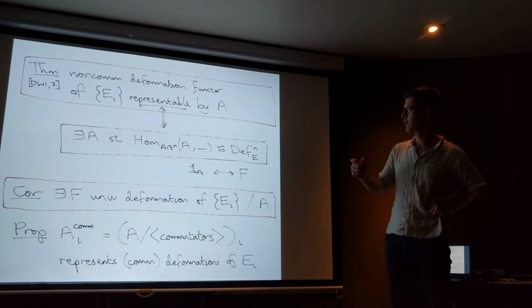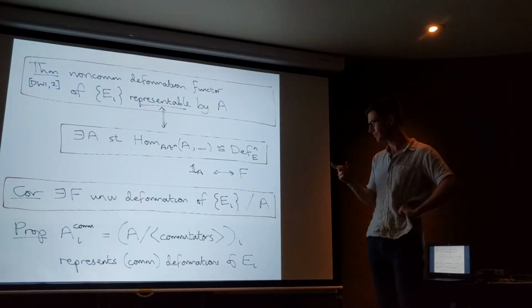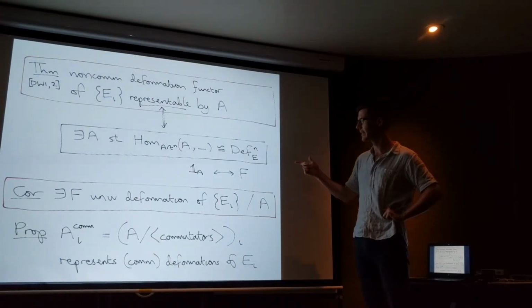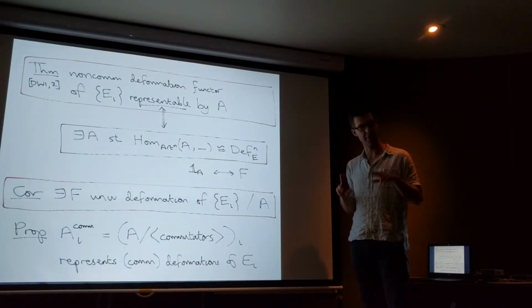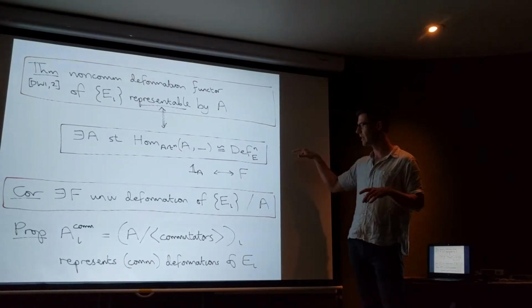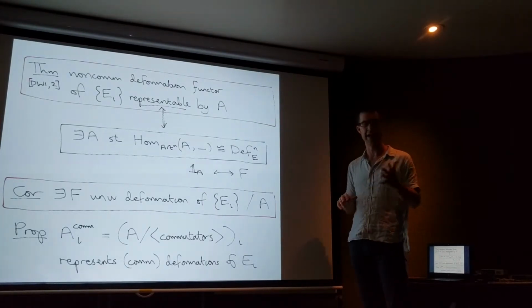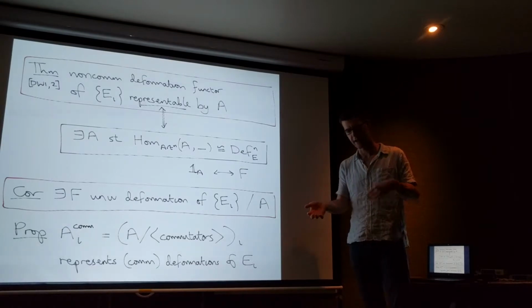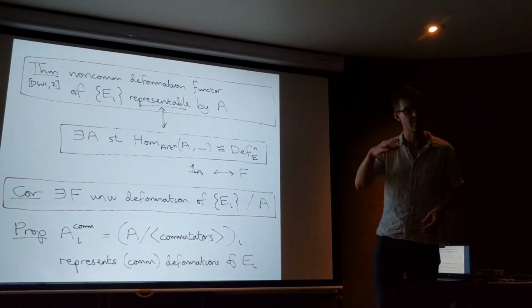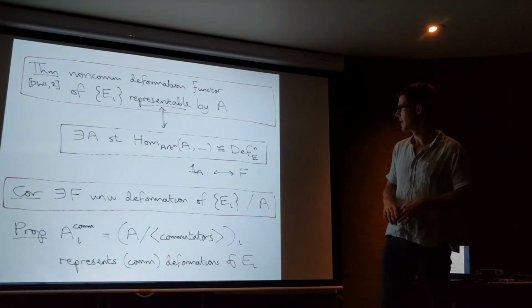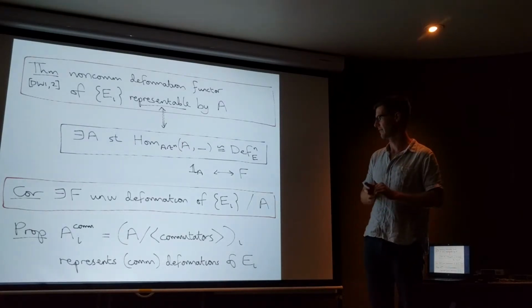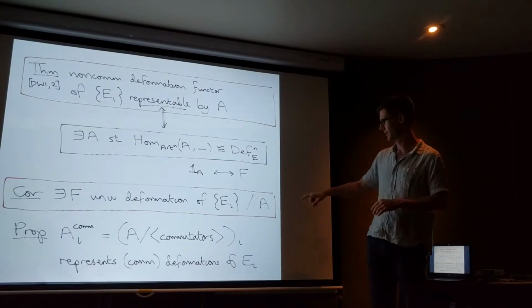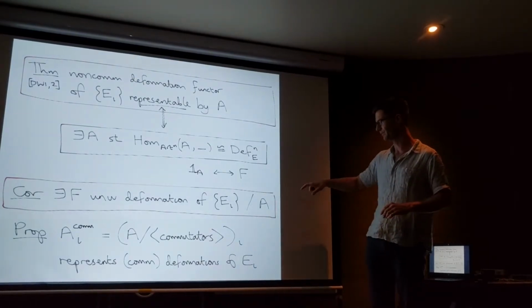It's just Homs from my representing object A. In that case, if I look at the images of those two functors on A, so on the one hand deformation families over A, and on the other hand endomorphisms of A, then there's a canonical endomorphism, the identity, and that corresponds to F, my universal deformation of the EIs over this A.